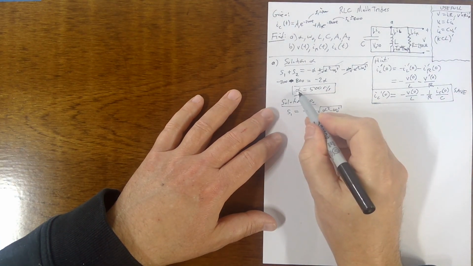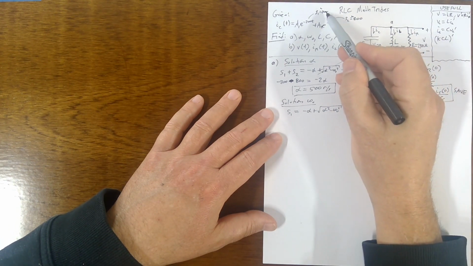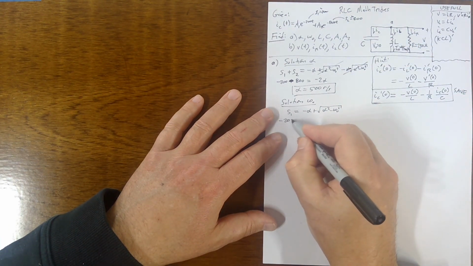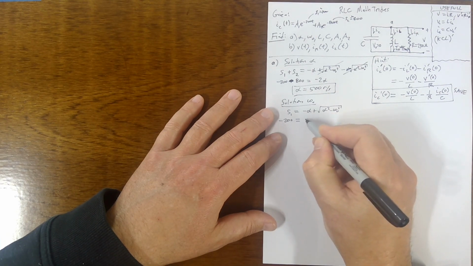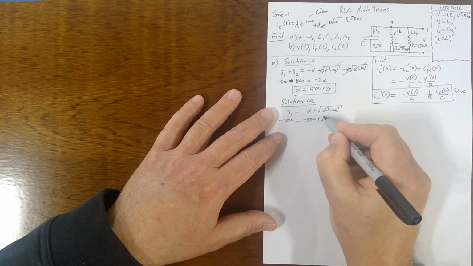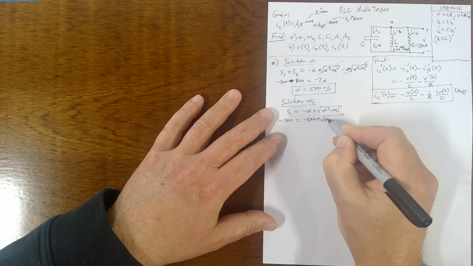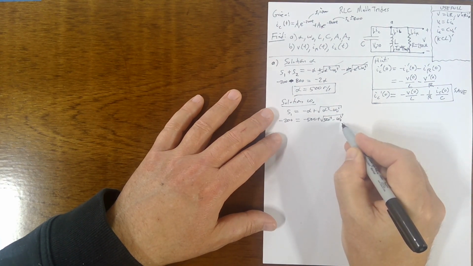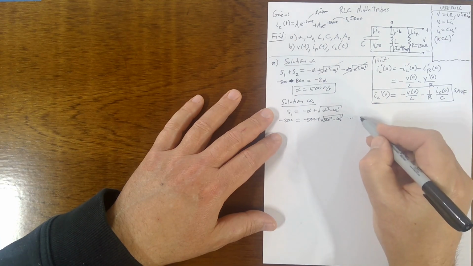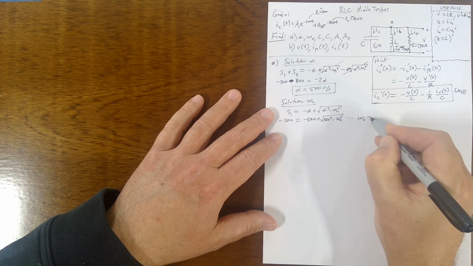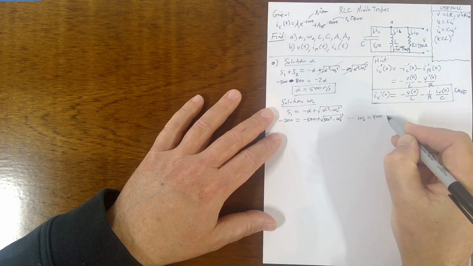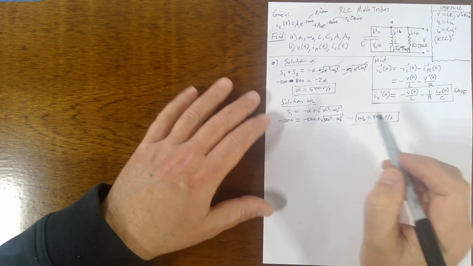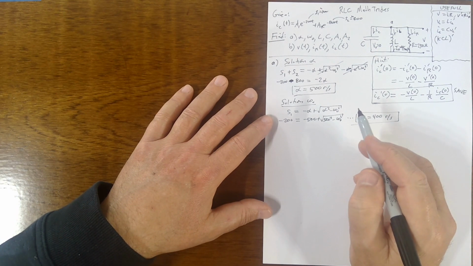We just solved for alpha, and we're given S1 is minus 200. So minus 200 equals minus 500 plus root 500 squared minus omega 0 squared. The only unknown here is omega 0 squared, and skipping the algebra, you would get omega 0 as 400 radians per second. So that's the solution for omega 0.